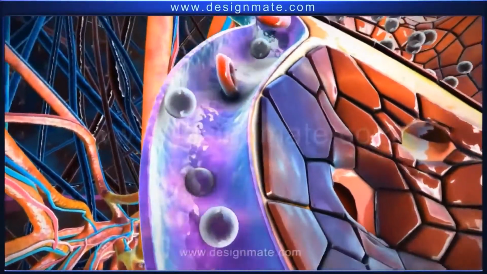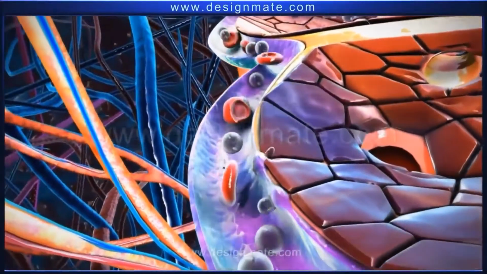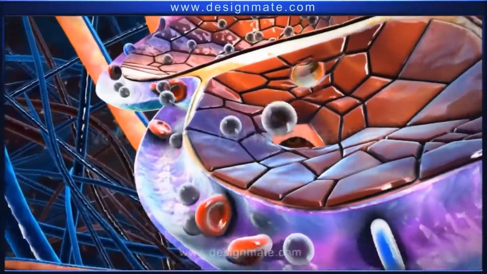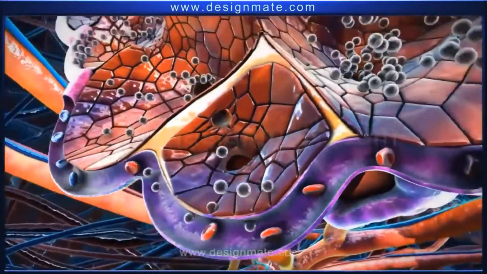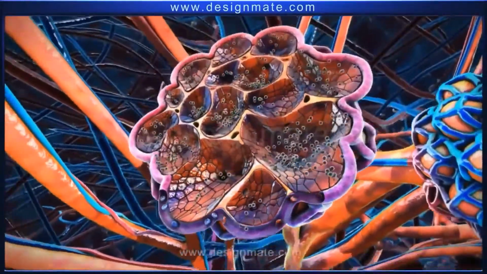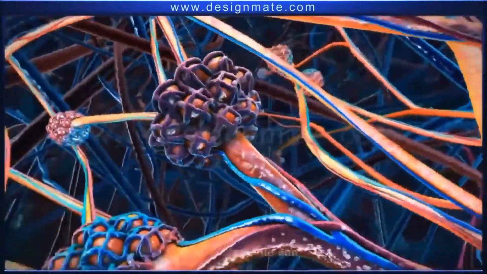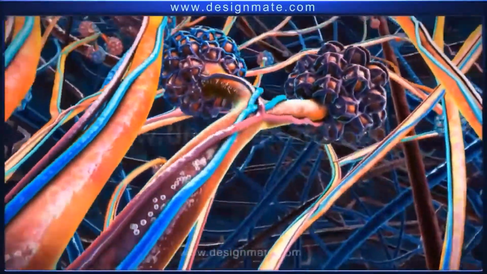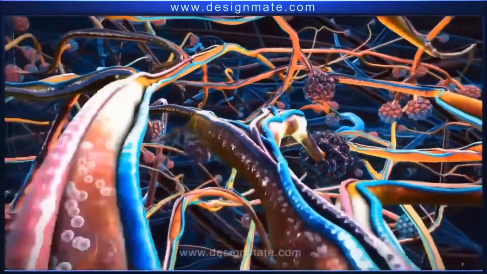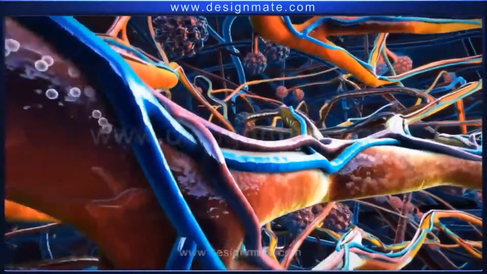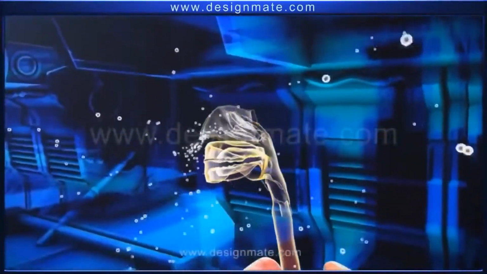The carbon dioxide molecules are released into the alveolus. They are collected in the alveolar chamber, and then from the alveolus, it travels through the bronchioles. Into the bronchus, which finally reaches the trachea and is breathed out through the nostrils.